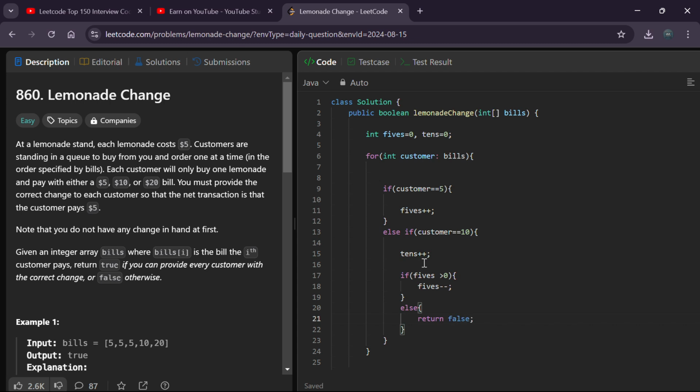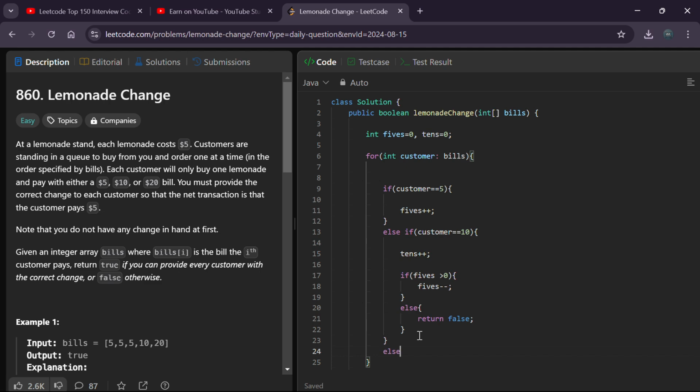It means we don't have any $5 bills and the customer came with a $10 bill, so we couldn't return the $5 change. We are left with zero $5 and couldn't make the transaction, so we stop and return false.